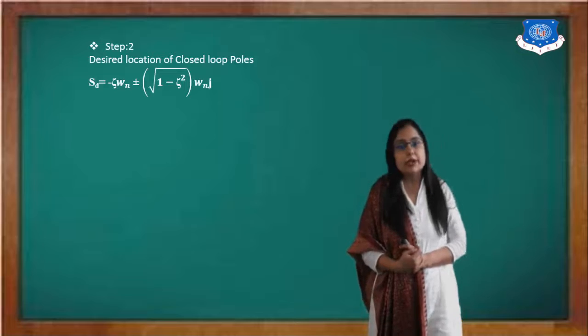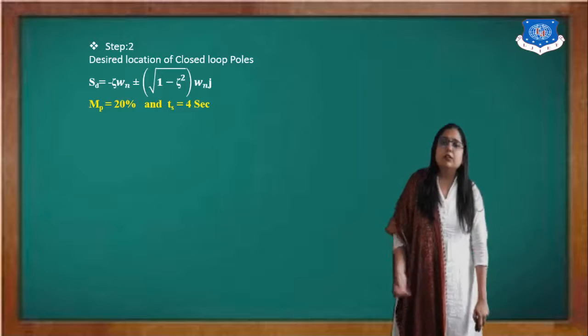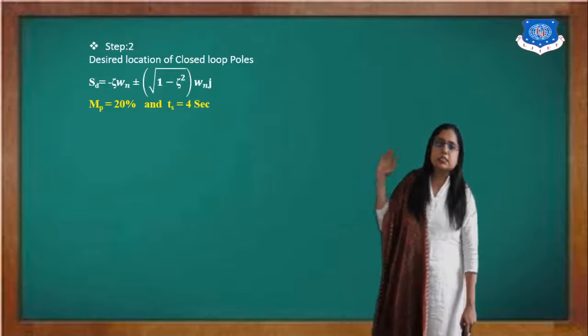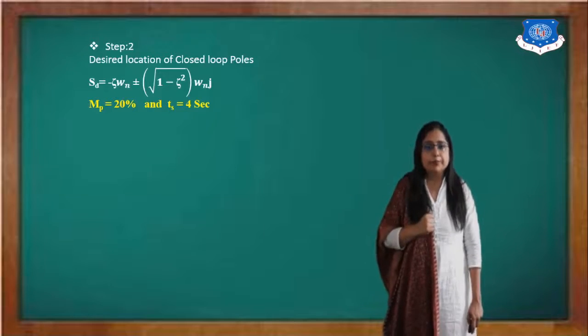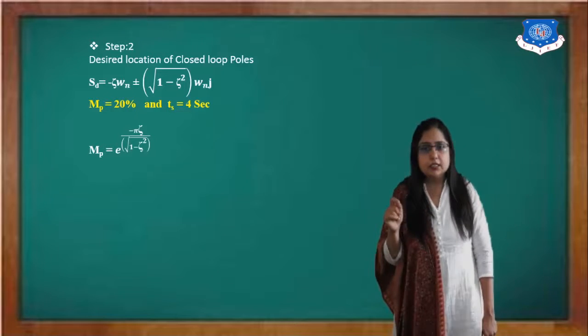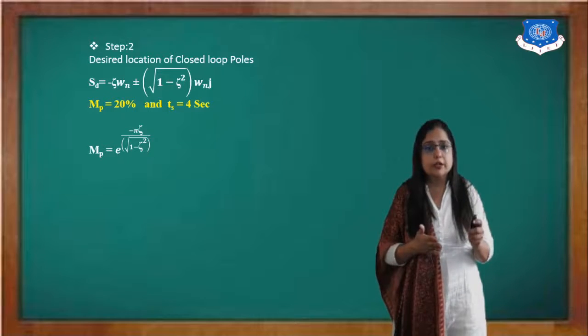Mp is the maximum overshoot, and Ts is the settling time. So we know Mp is 20% and Ts is 4 seconds. Now you just write down the equation of Mp, that is e raised to minus pi zeta upon under root of 1 minus zeta squared.